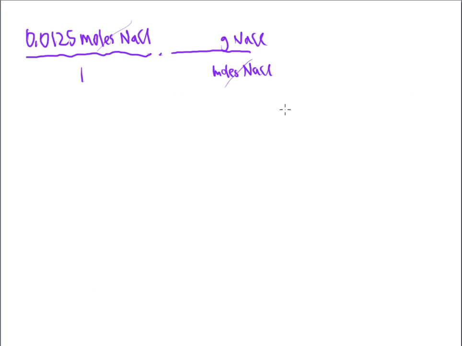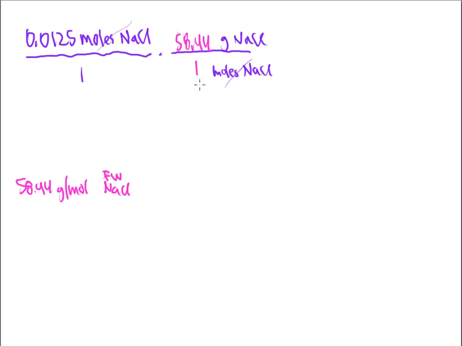Well, just a while ago, we had a magic number, and that magic number was 58.44 grams per mole. That was the formula weight for sodium chloride. Well, look at this. Gram. And in my conversion unit, there's my gram. So it's 58.44 grams of sodium chloride for every 1 mole of stuff. Well, here's my mole, and I'm going to put a 1 there.